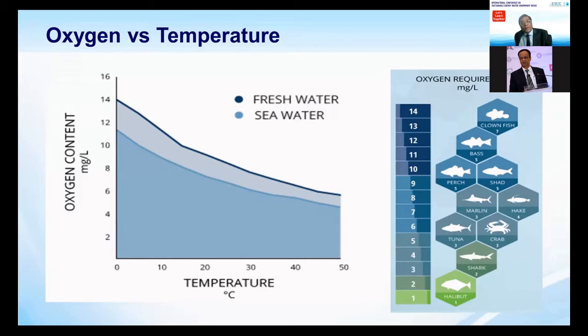But as the temperature increases, the oxygen concentration in the water decreases. At 50 degrees centigrade, we have around 5.5 or something like that for seawater, and for fresh water it is 6 maximum.